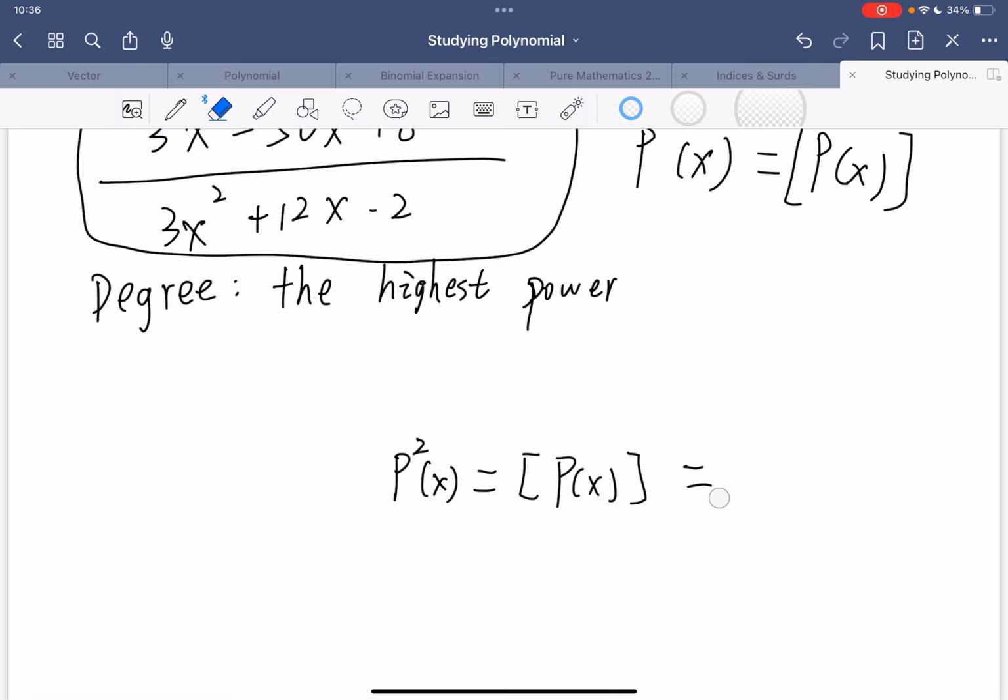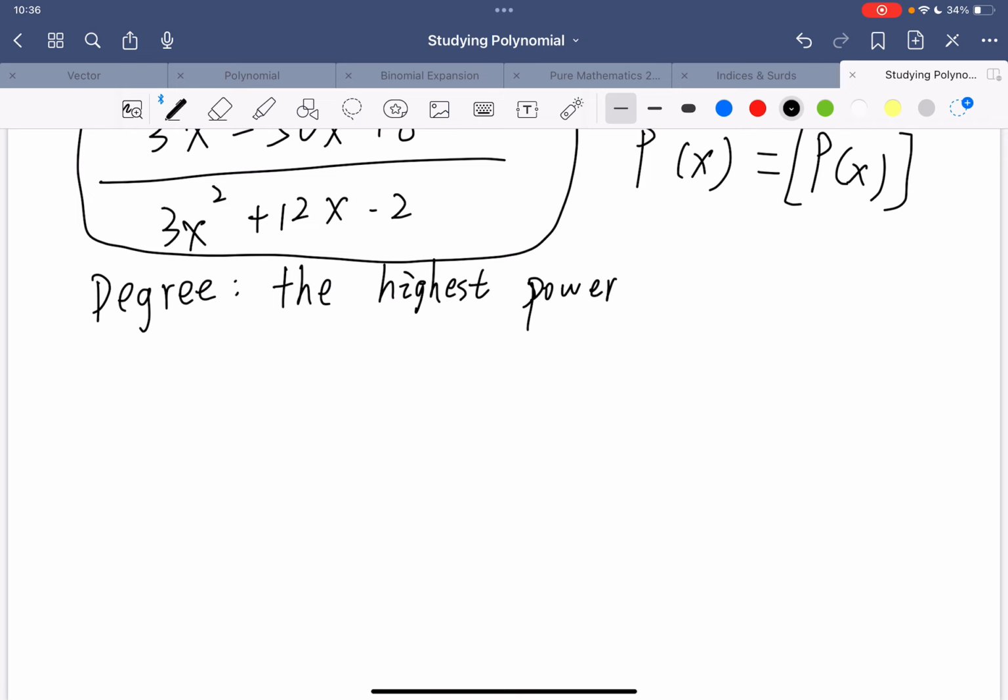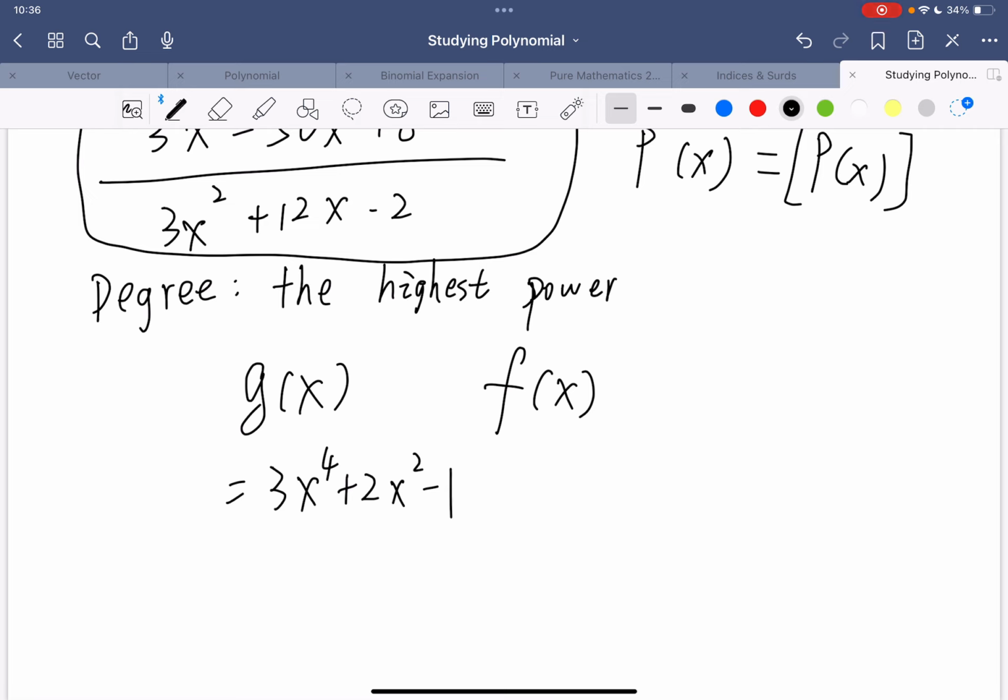Okay, next thing. Actually, we can see, if we combine two expressions, g(x) and f(x). Right, g(x) equals 3x to the power 4 plus 2x squared minus 1.